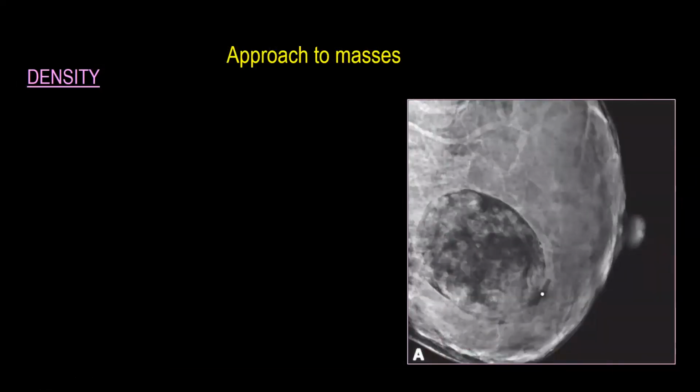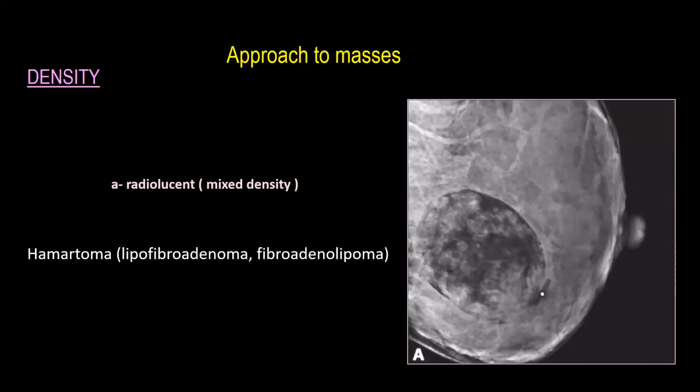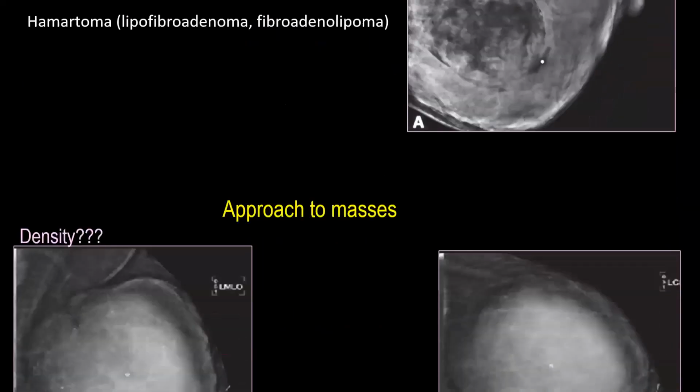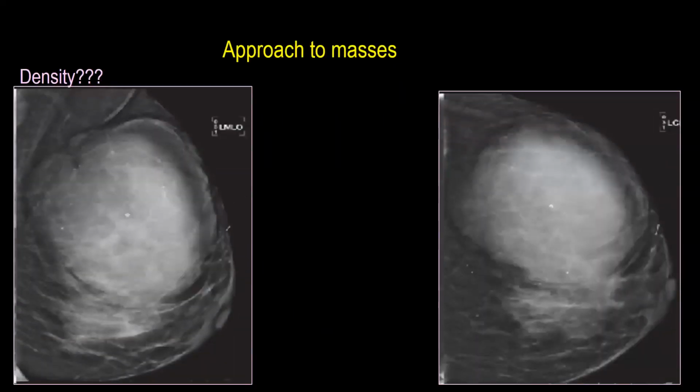Okay, regarding density, give a spot diagnosis from that list. So we give a limited list of diagnoses for this group. Hamartoma. This is a hamartoma, fibroadenolipoma, mixed. And this one? Also, excellent. This is hamartoma.